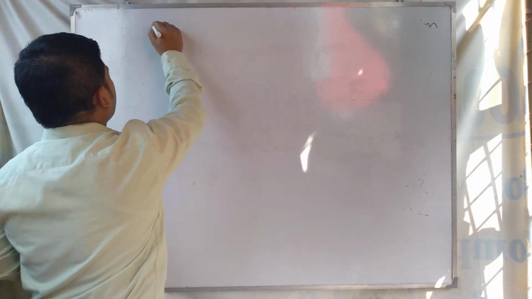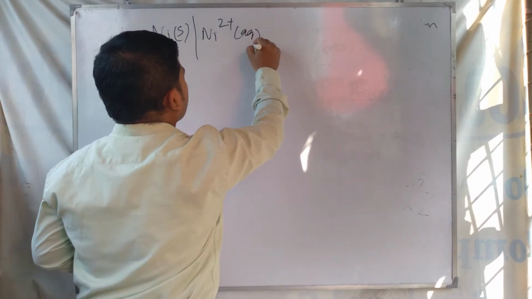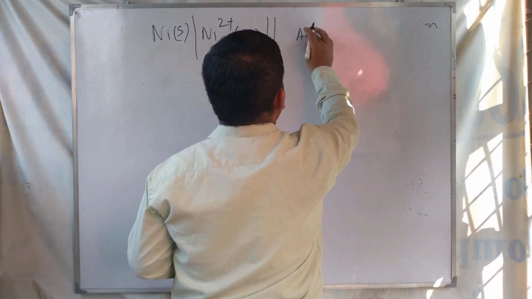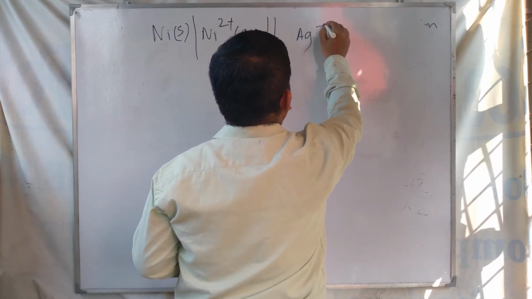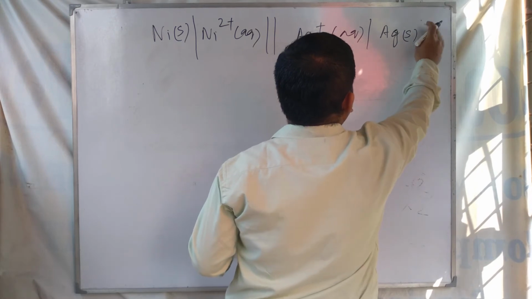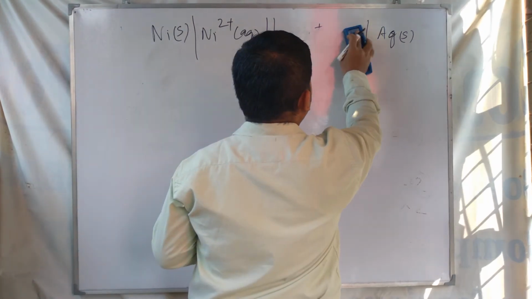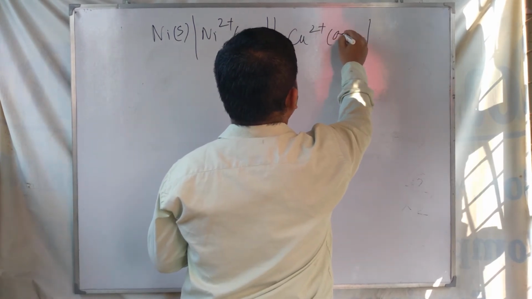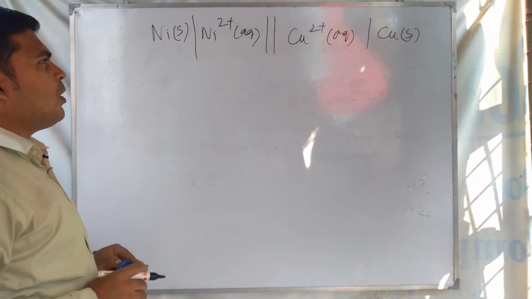In the second case, nickel solid changes to nickel 2+ aqueous, and on the right hand side, because in the previous example we already used silver, in this example we use copper metal.